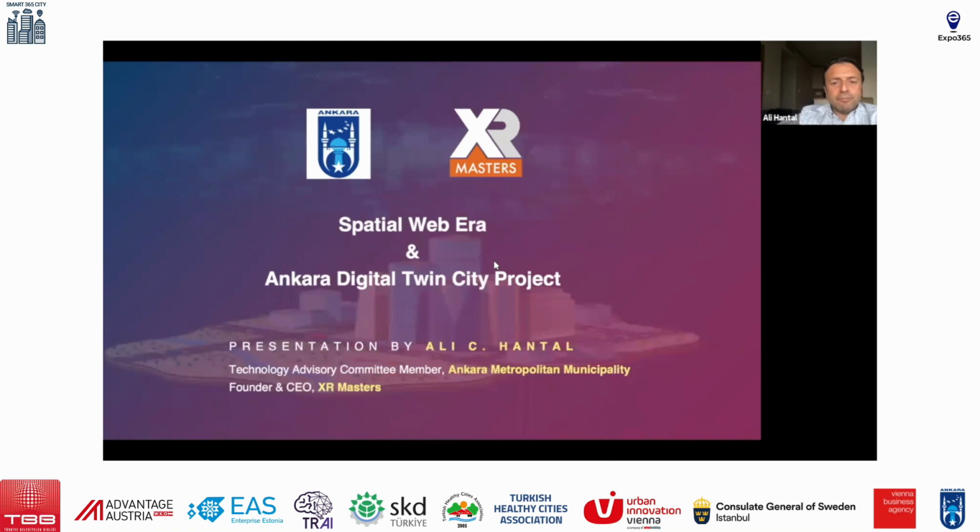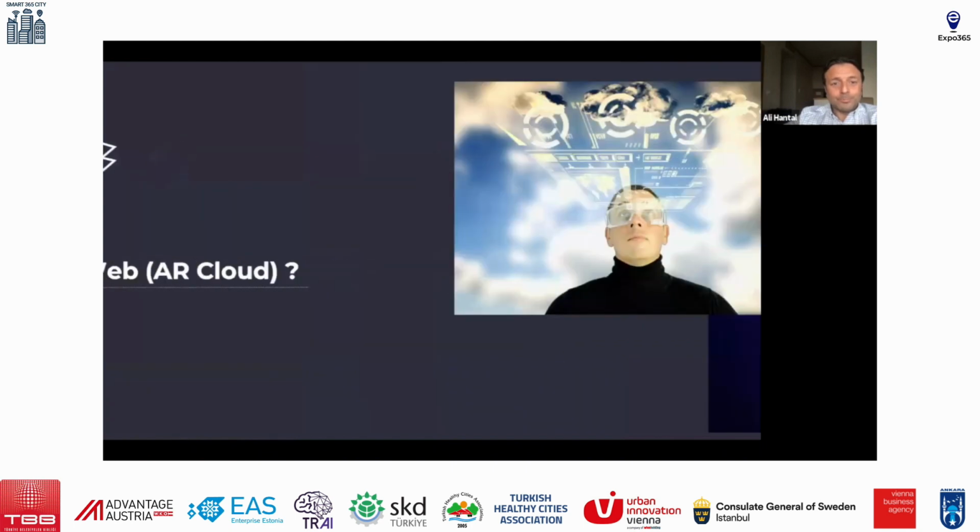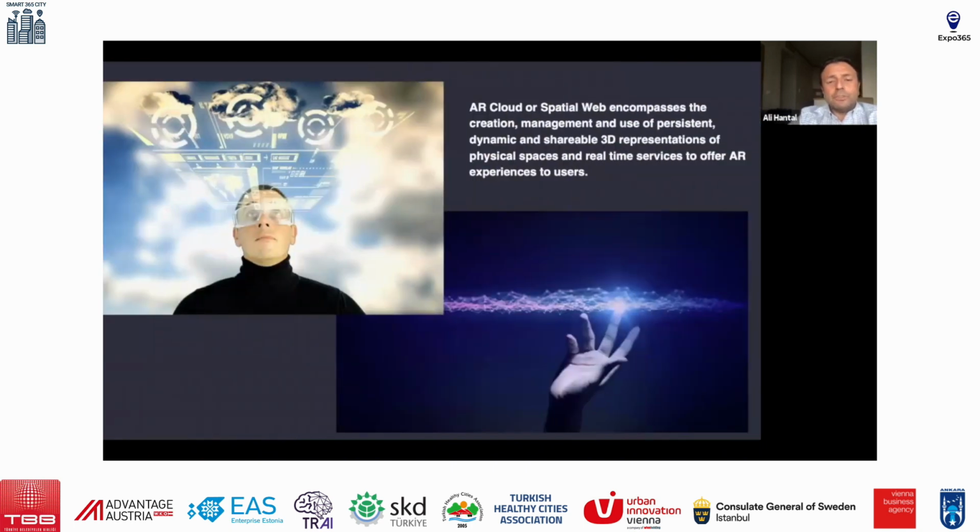Let me start with defining what is spatial web or AR cloud. AR cloud or spatial web encompasses the creation, management, and use of persistent, dynamic, and shareable 3D representations of physical spaces and real-time services to offer AR experiences to users.